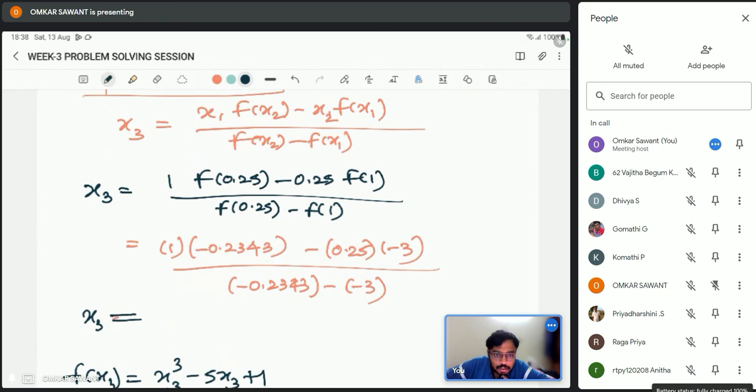Just take notice of the signs. See, it is minus 0.2343 plus 0.25 into 3, upon 3 minus 0.2343.